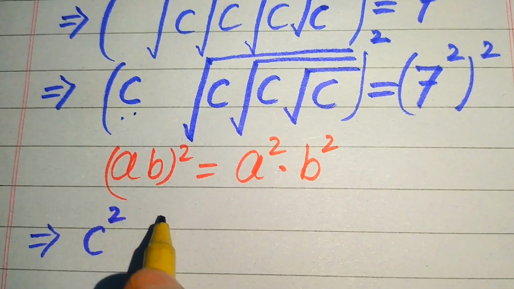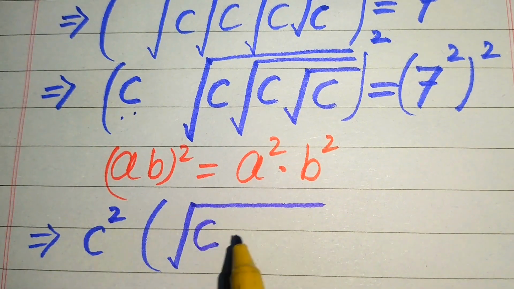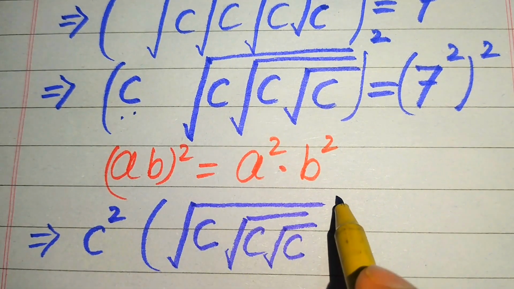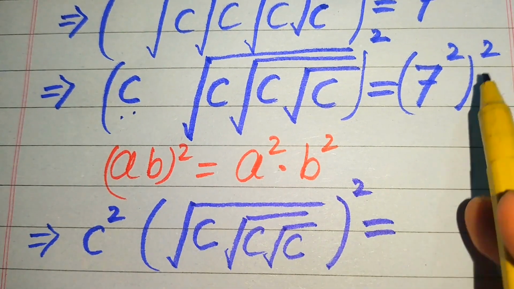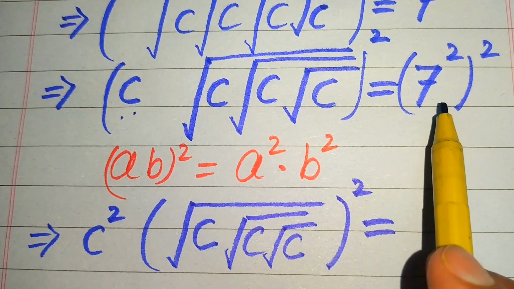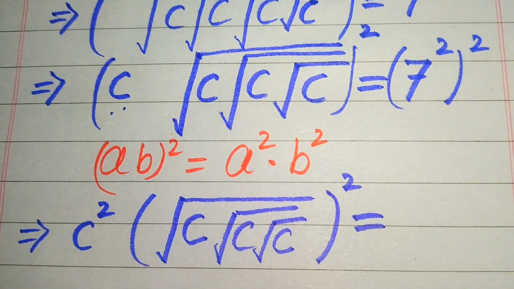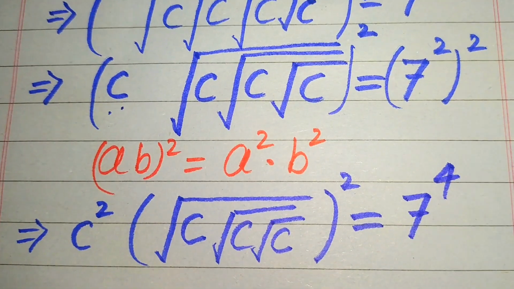We get c squared into, and further we have the square root of c into the square root of c into the square root of c, and its whole square is equal to, here we use another exponential rule, and according to this rule we multiply both of these two exponents, and we get 7 to the power of 4.